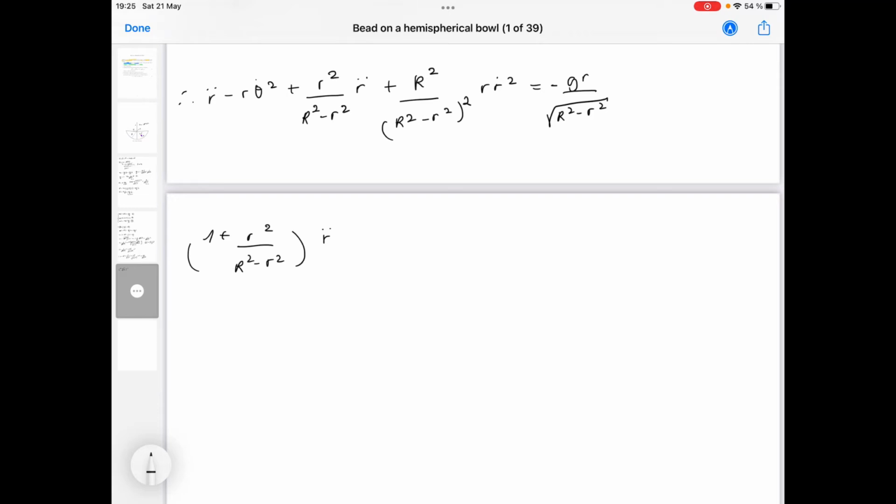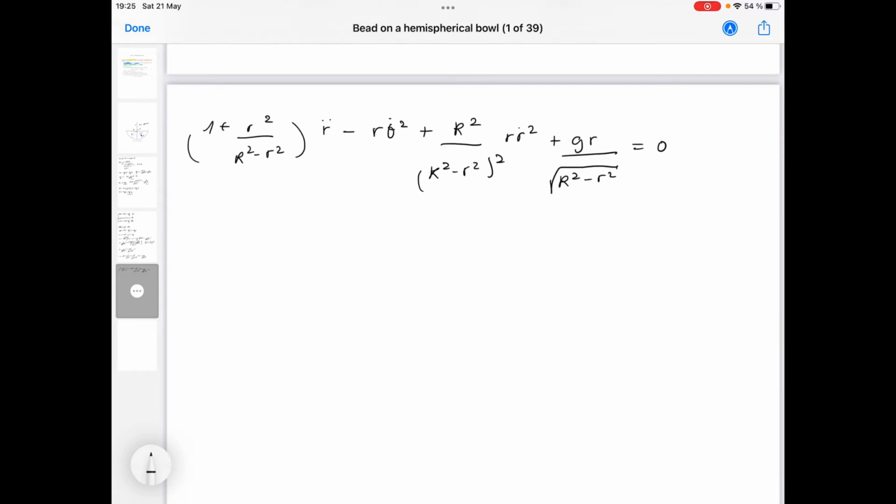Then we'll have a minus r theta dot squared plus R squared over R squared minus little r squared, whole squared, times r dot squared, plus gr over the square root of R squared minus little r squared, is equal to 0.